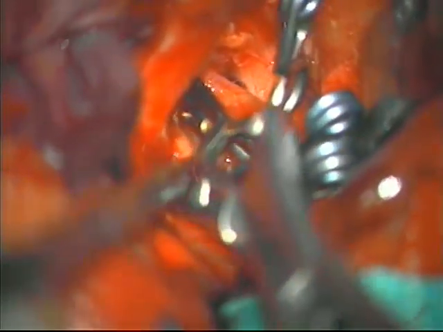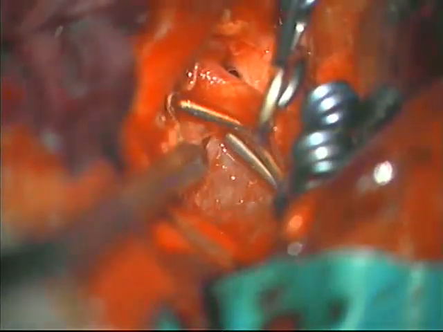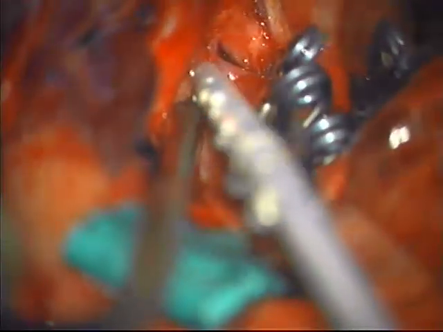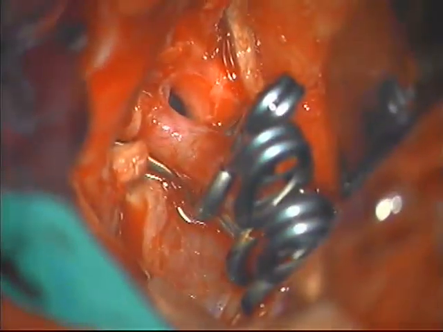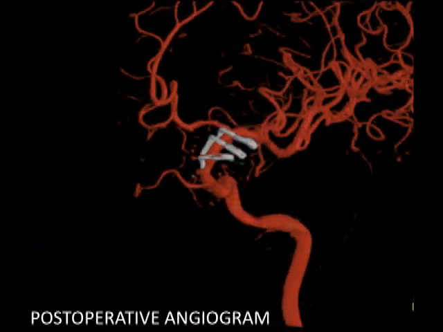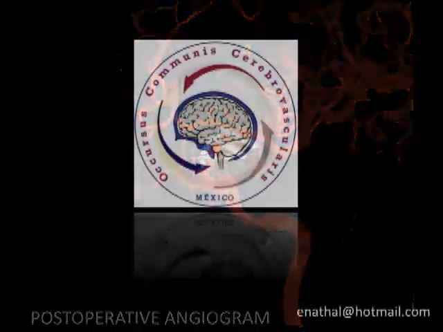Now the temporary clips are removed and the patency of the internal carotid artery is confirmed using the transcranial Doppler proximally and distally. This is our final view, and the post-operative angiogram shows a total obliteration of the neck.